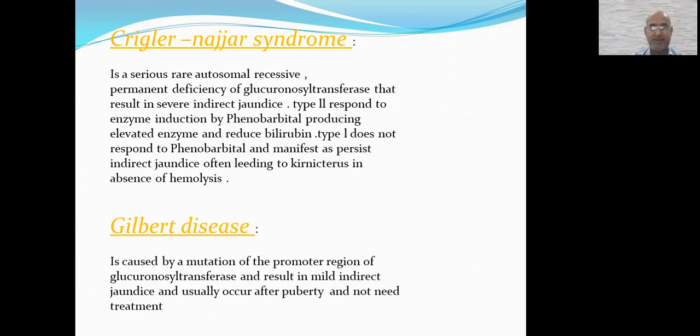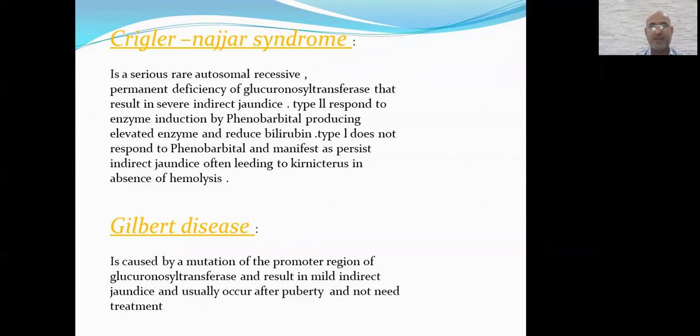While type 1 does not respond to phenobarbital because there is no enzyme present. So type 1 should be kept in mind and treated aggressively to prevent kernicterus. Keep in mind this possibility.